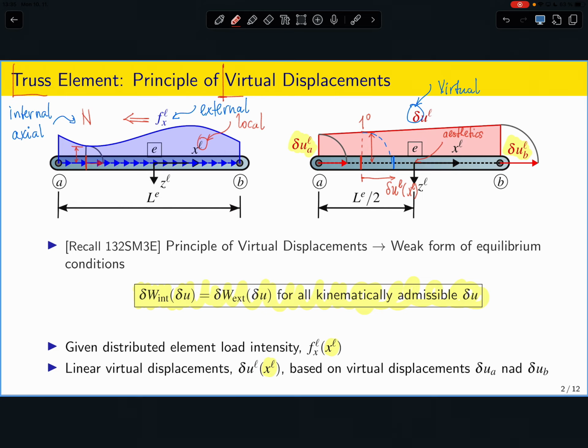So I will say that instead of checking the equilibrium conditions between the internal and external forces, so between the normal forces and the distributed load, I can imagine that my structure deforms in a certain virtual manner, and if for all kinematically admissible displacements I have equality between the work done by internal forces and the work done by external forces, I have satisfied the equilibrium equations. So this is all this principle of virtual work is about.